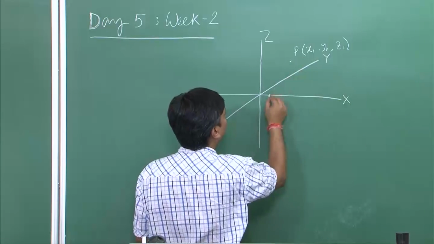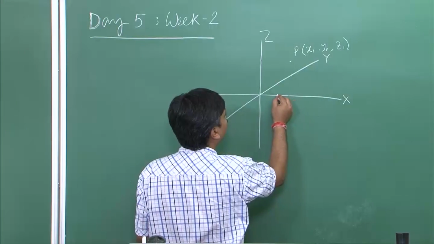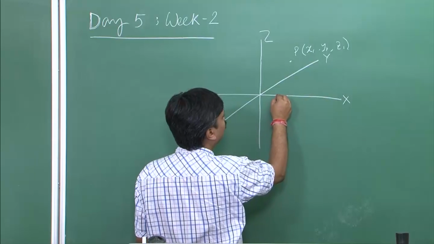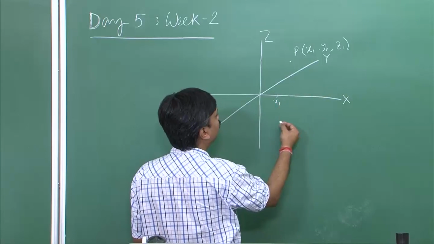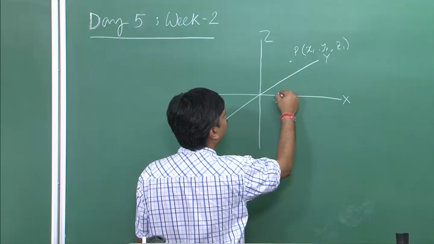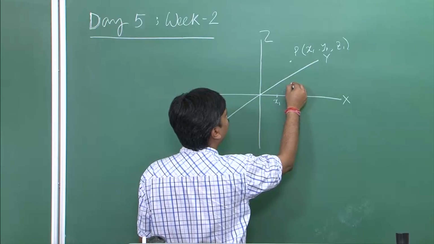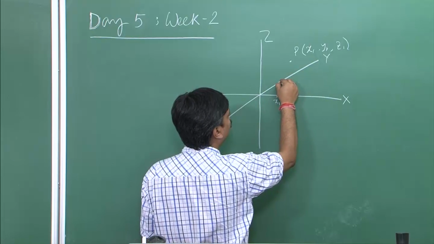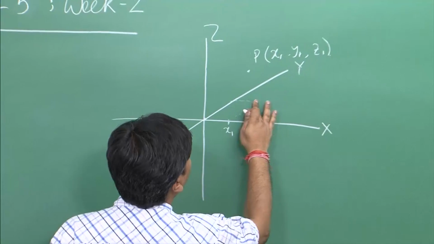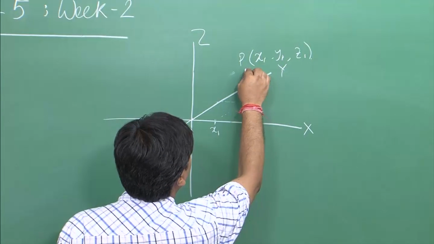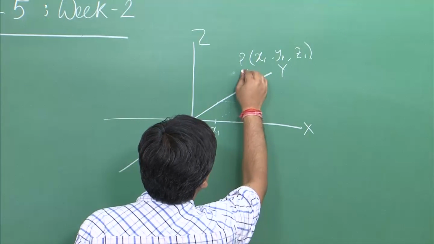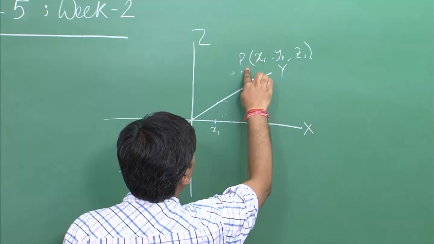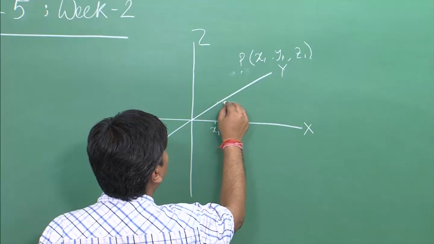So this has an x1. Suppose that x1 is here. Okay, so this is x1. Then correspondingly I have some y1 here. Let's take it somewhere here, that will be helpful for us.